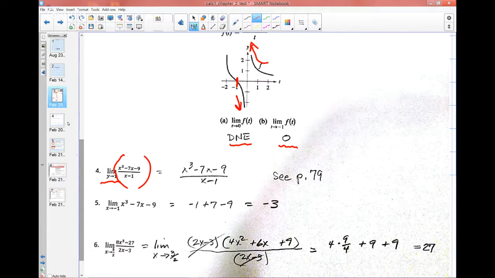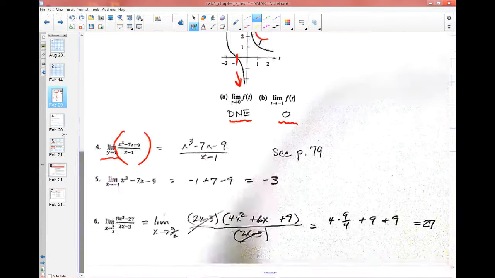All right, look at number 5. What's the limit of x cubed minus 7x minus 9 as x approaches -1? This should have been the next easiest one because all you had to do is substitute. I don't think anybody had trouble with that one: -3. And number 6, as x approaches 3/2, what's the limit of 8x cubed minus 27 over 2x minus 3?